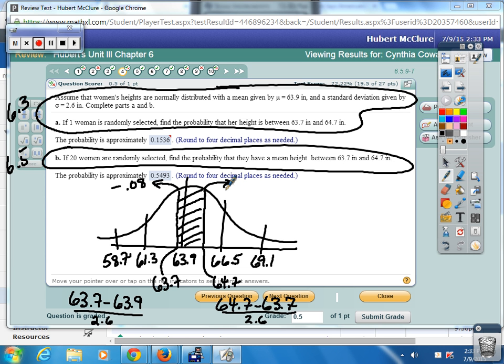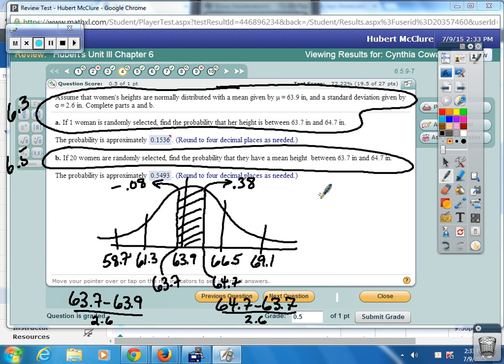Point what? 38? Yeah. Now, take your handy dandy calculator, and the reason I'm using the calculator here is because it's easier to find the in-betweens with a calculator. So do your normal CDF from 0.08 to 0.38.